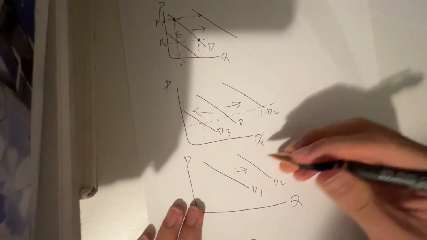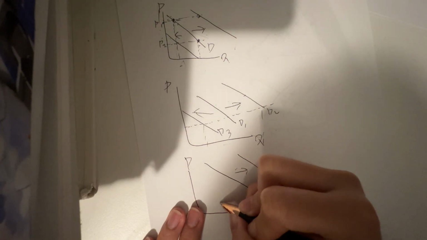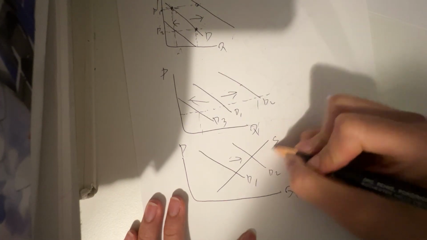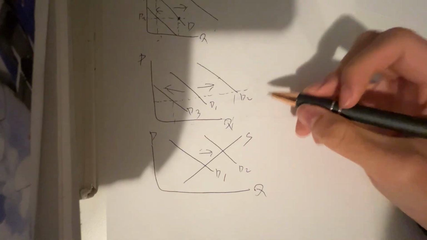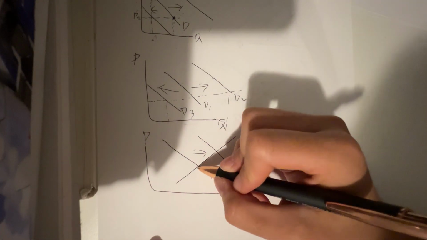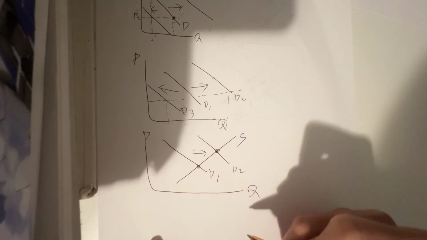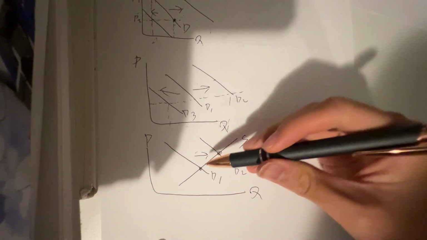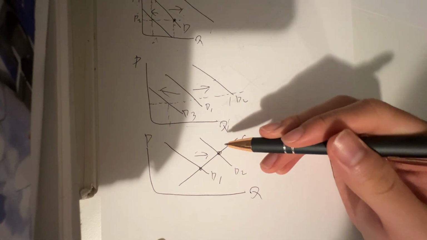Now, let's also draw a supply curve, and this shows the equilibrium at D2 after the study is released.